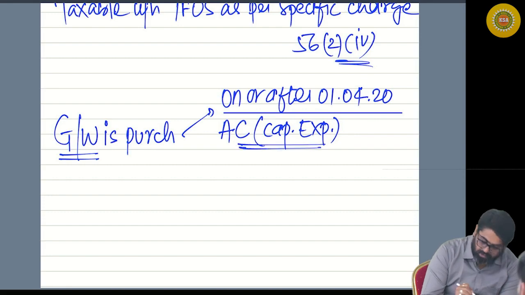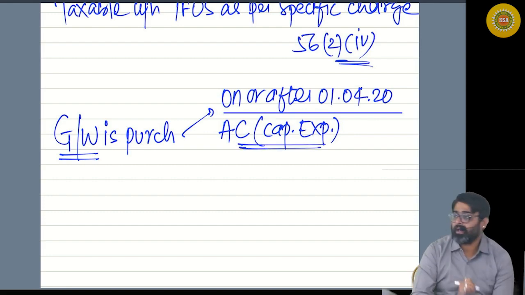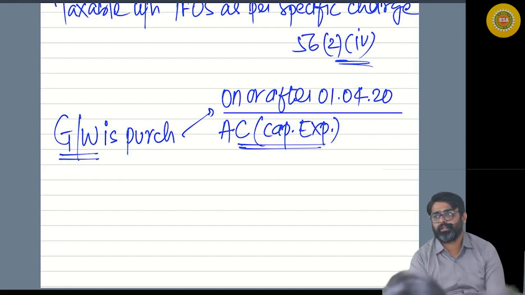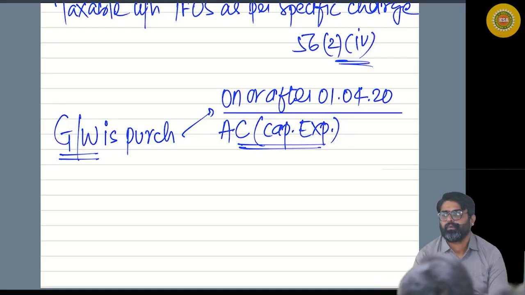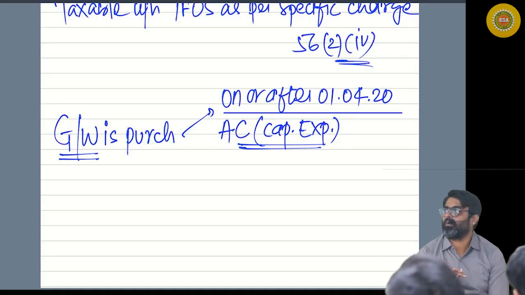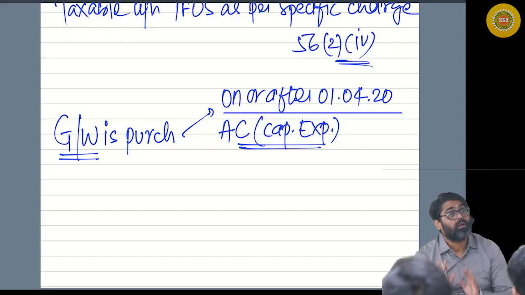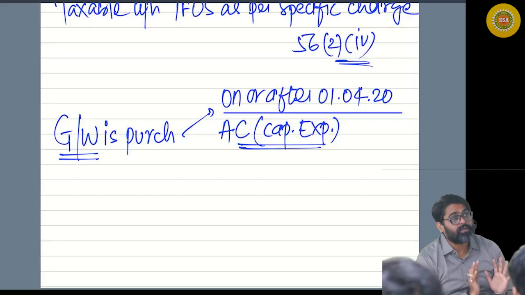What are you going to do with this? Should it be allowed under the head PGBP or should it not be allowed? Should not be allowed. Meaning, on goodwill you cannot claim depreciation. The cost of goodwill is not allowed as deduction under the head PGBP. So ignore goodwill while calculating PGBP income.